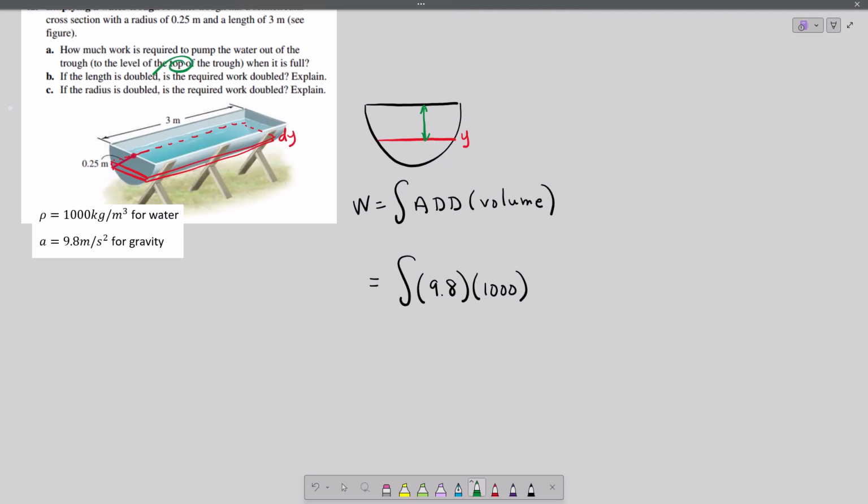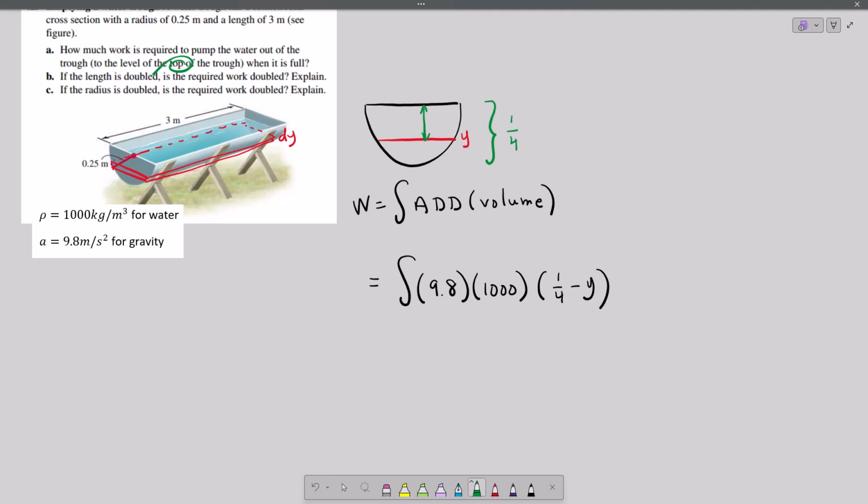So that distance right there, this is a semicircle of radius 0.25. So 0.25 minus y. So 1/4 minus y. This whole distance right there is 1/4. All right, so there's ADD.